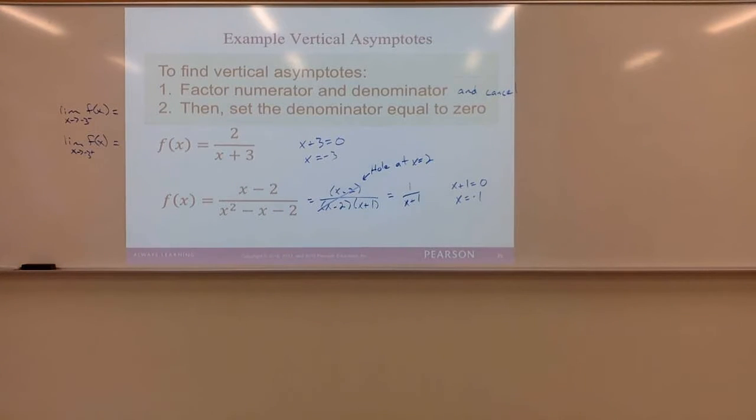What do you guys think? How should we do that? Any ideas? We know that it's going to be either positive infinity or negative infinity, because we know it's an asymptote. But how would we figure out which one it is? Is this going to be positive or negative infinity?